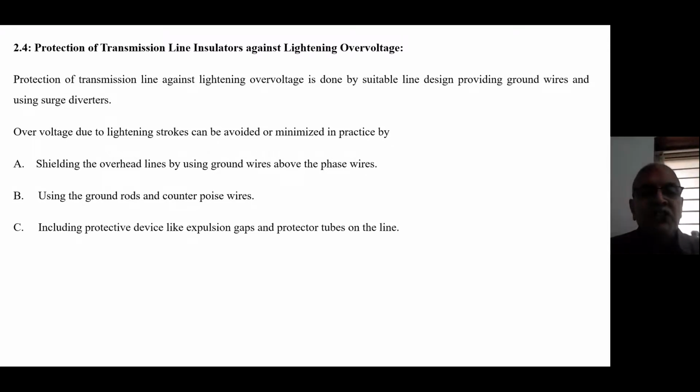Shielding the overhead lines by using ground wires, with ground wires above the phase wires. If you have seen a transmission line, three lines are on one side, suspended by insulators, taking power, and three on the other side in parallel conductors. But at the top, one wire without insulation is running.